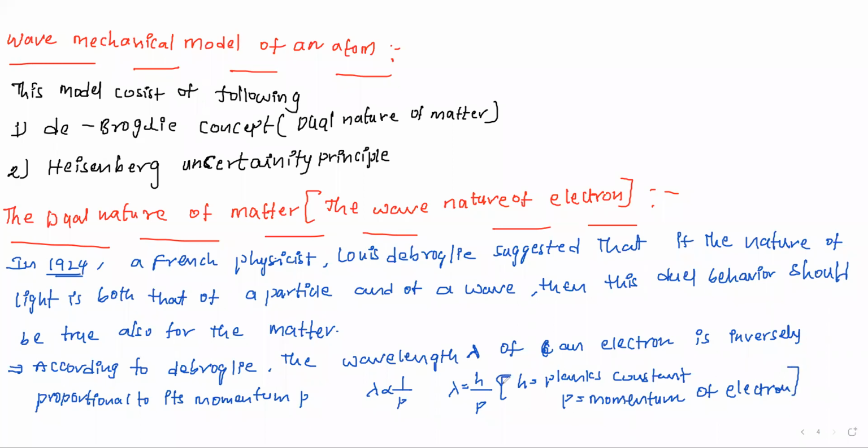So according to de Broglie, the wavelength of an electron is inversely proportional to its momentum.